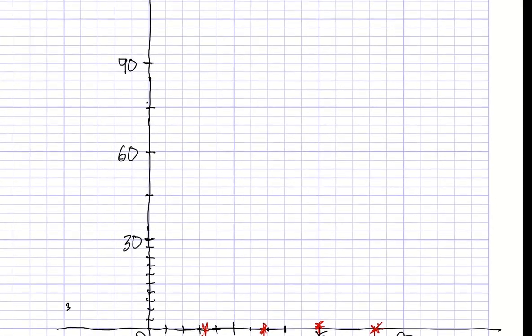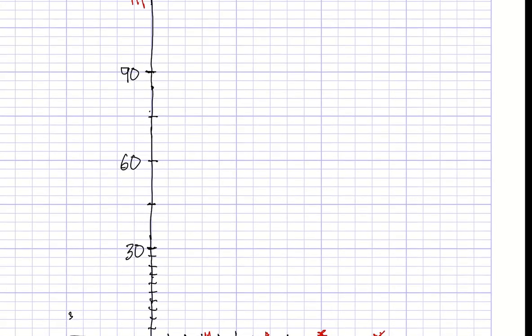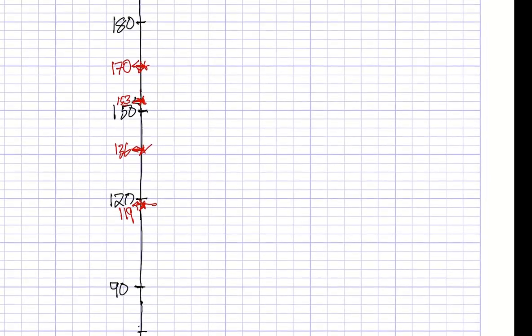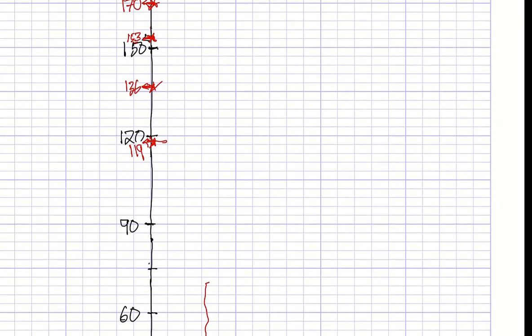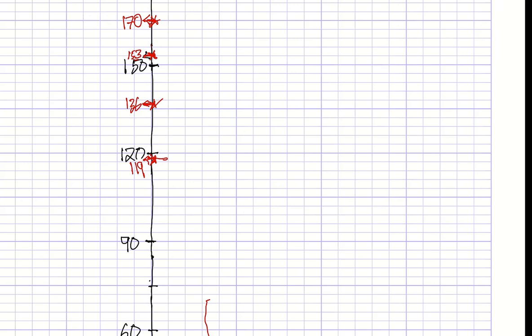This is 20 right there, so you go up to 20 and 170 should be here, okay? We go all the way down. You trace it, it's right here.